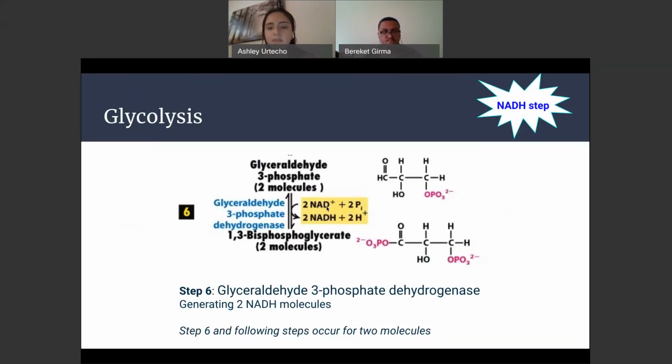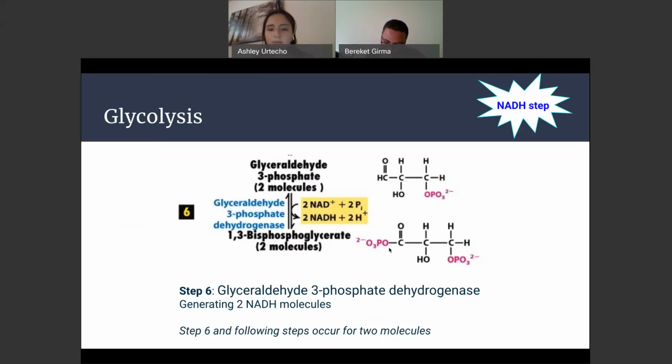So NAD+ is being reduced to NADH. It's really important to have NAD+ available so that this step can occur. Without NAD+, we won't be able to replace this hydrogen on G3P, and we won't be able to add a phosphate to it, and then glycolysis will just stop.